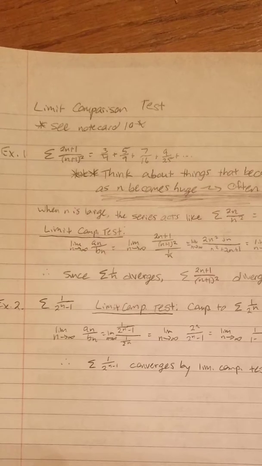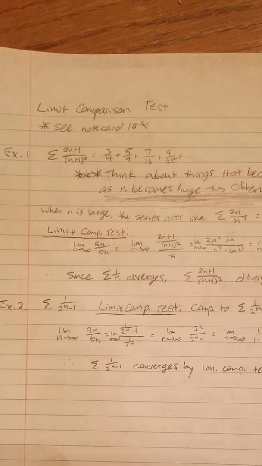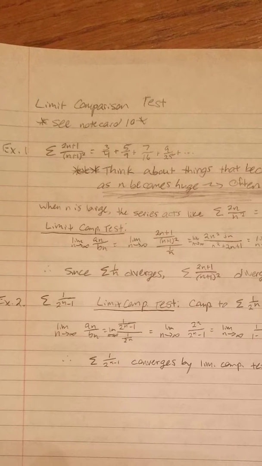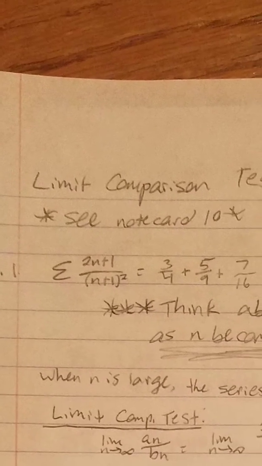What does that test actually say? The test says, once you've found that comparison, b sub n, if the limit as n goes to infinity of a sub n over b sub n, I'll say that again because I can't write it, which is the downfall of doing notes like this.